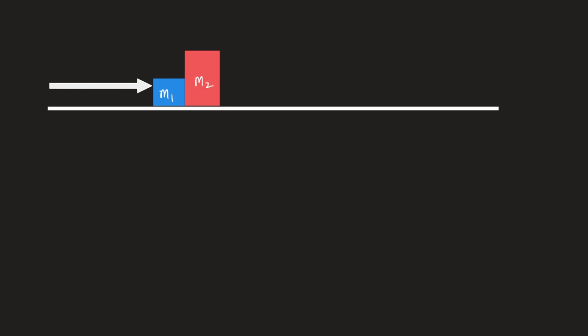Very similar question is to take those same 2 boxes, but this time, instead of having them in contact with each other, have them separate, but connected by, say, a cable.